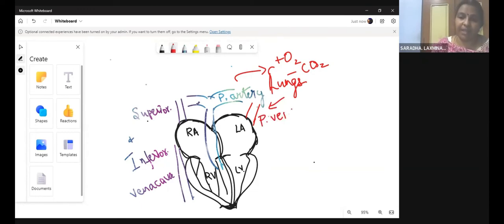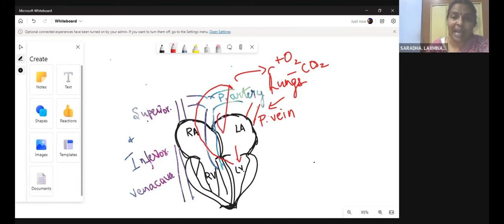The pulmonary vein, where does it open? It opens into the left atrium, which is supposed to have the oxygenated blood. So now the oxygenated blood has entered the left atrium. From there, it comes down to the left ventricle. From the left ventricle, there is a blood vessel which carries the blood to all parts of our body.